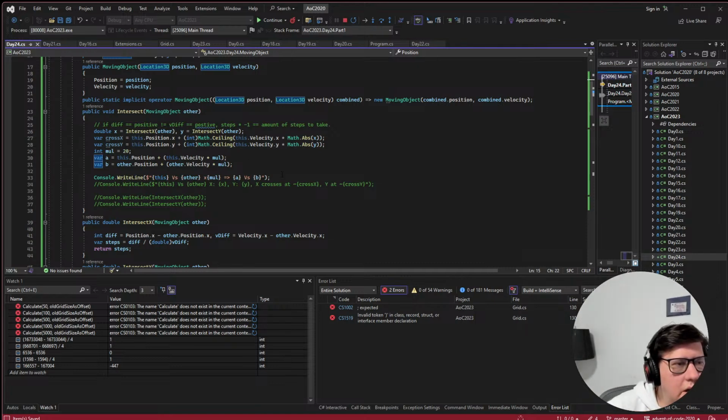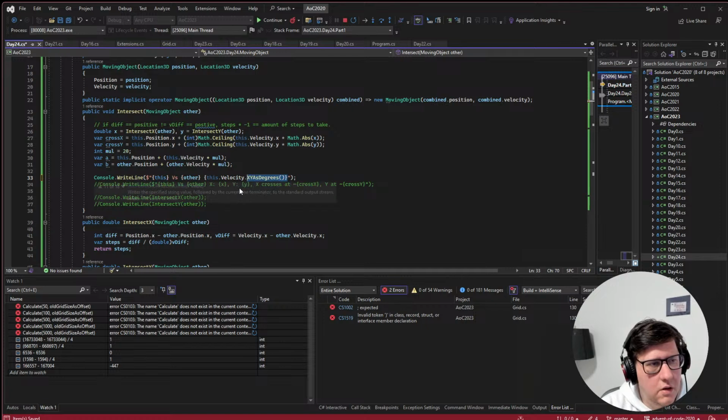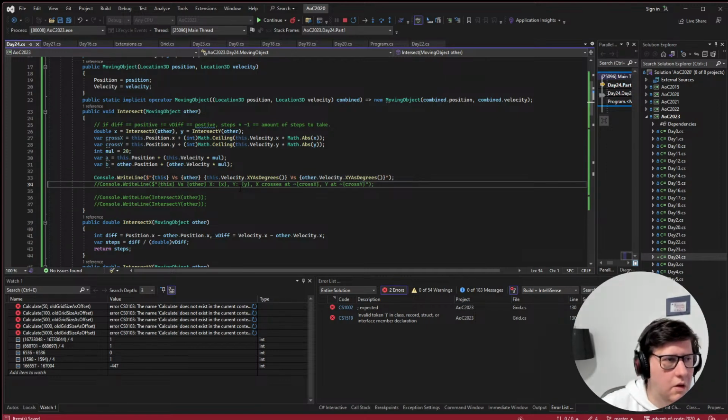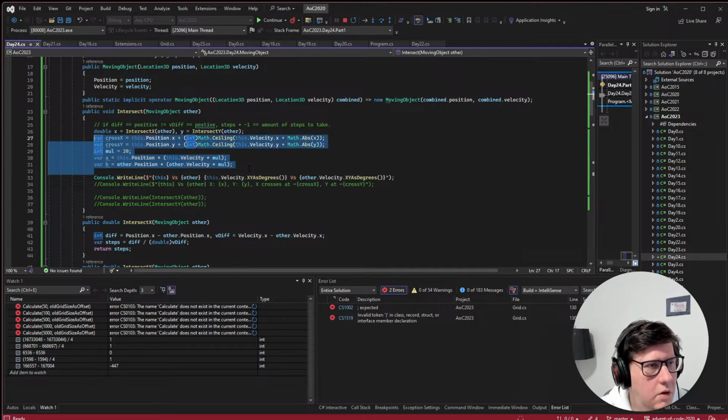Let me see. So now what I want to do is this at the velocity that adds degrees. We don't care about all of this anymore.